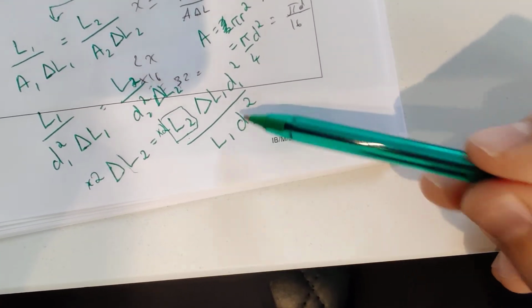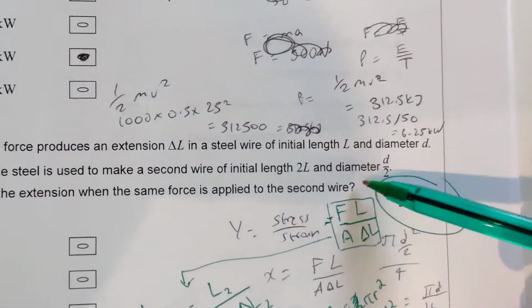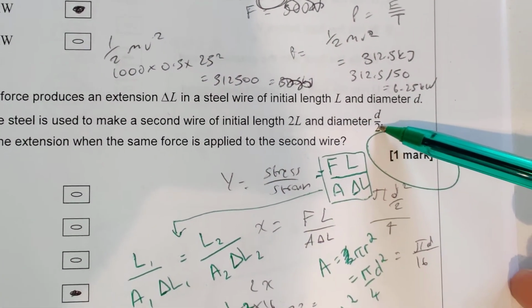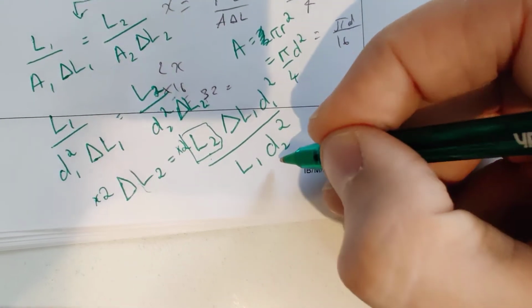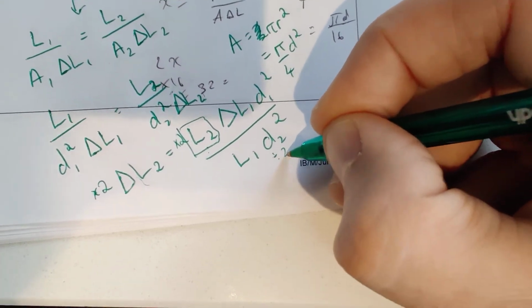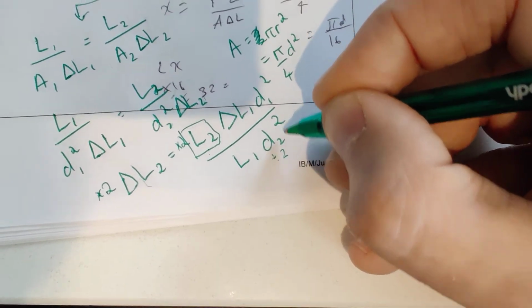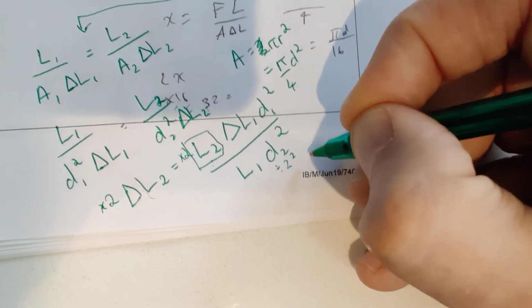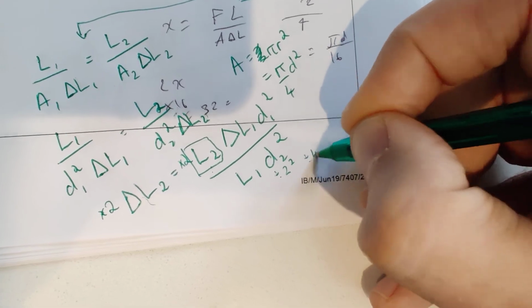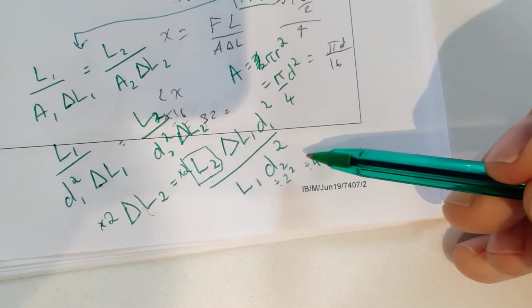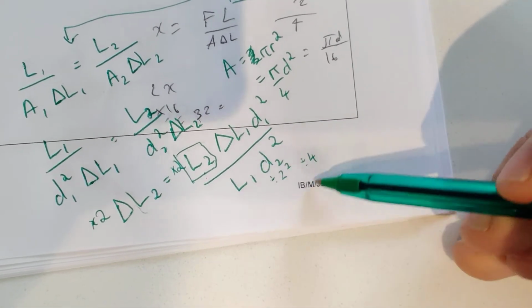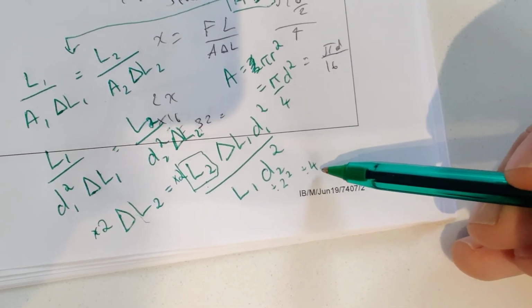The other thing that's going to happen is, remember in the question here, diameter in the second wire is halved. So, coming down here, let's see what that does. D is going to be divided by 2, but of course it's squared. So D is going to be divided by 2 squared, which means it's going to be divided by 4. What happens if we divide the denominator of this side of the equation by 4?